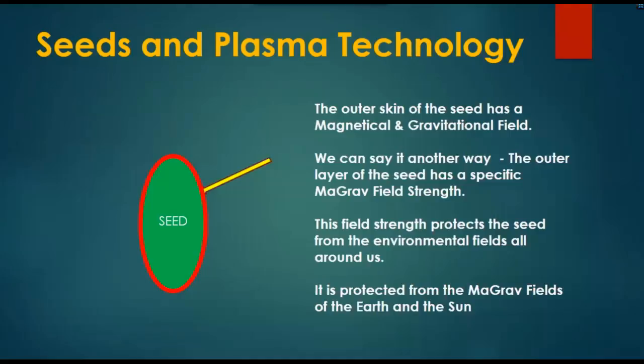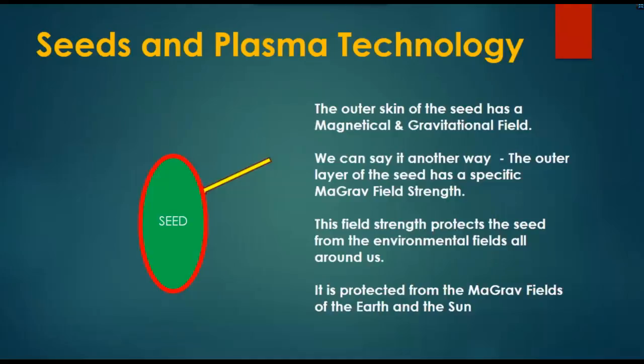And each seed will be different, but this outer layer has a specific magnetic gravitational field strength. And it's this field strength which protects the seed from the environmental fields all around us.